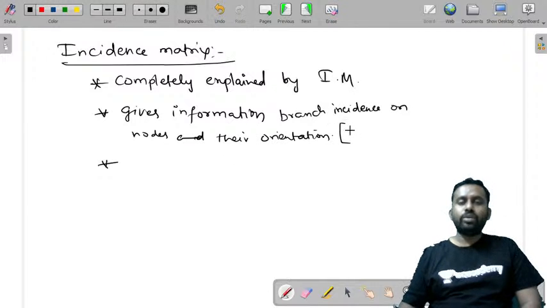That means whether the orientation is towards the node or away from it.